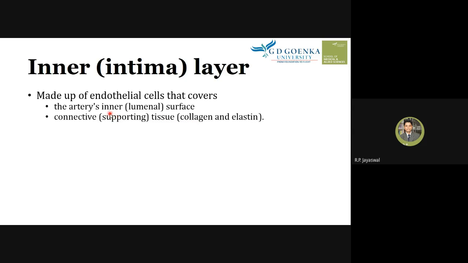So the inner layer also covers some supportive tissues, mainly the collagen and elastin, which are also surrounded by these endothelial cells.